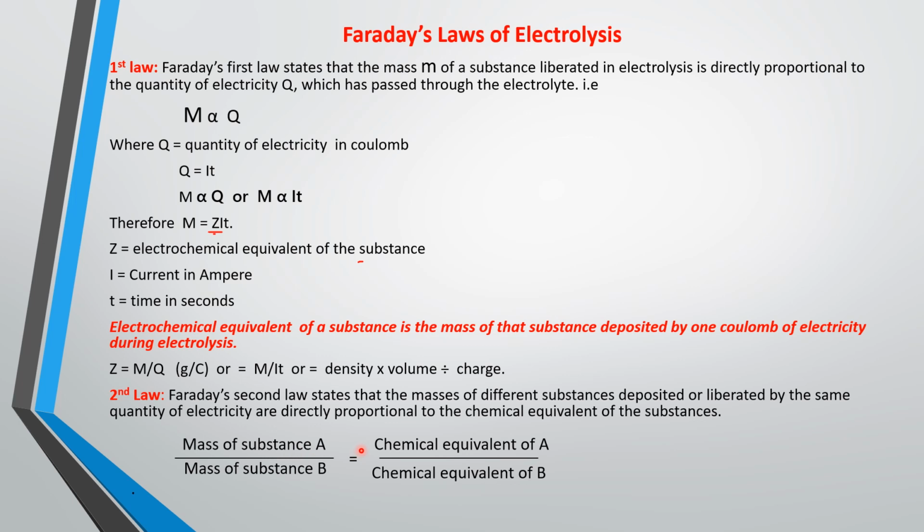So mass of A over mass of B is equal to electrochemical equivalent of A over electrochemical equivalent of B. So guys, these two equations are very key. The first one is equation 1, and this should be equation 2. These are the typical key equations that you need to solve most of the problems on Faraday's law of electrolysis. So right away, let's go and solve some problems.